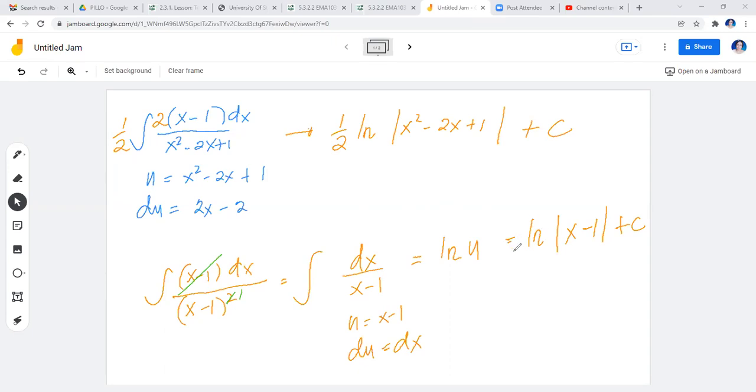You forgot your properties of the ln in the lesson you had just the previous semester. If we simplify this one, whatever is written before the ln is an exponent of the argument of that ln. So this is actually ln of the square root of x squared minus 2x plus 1, and this is the ln of the square root of x minus 1 squared.